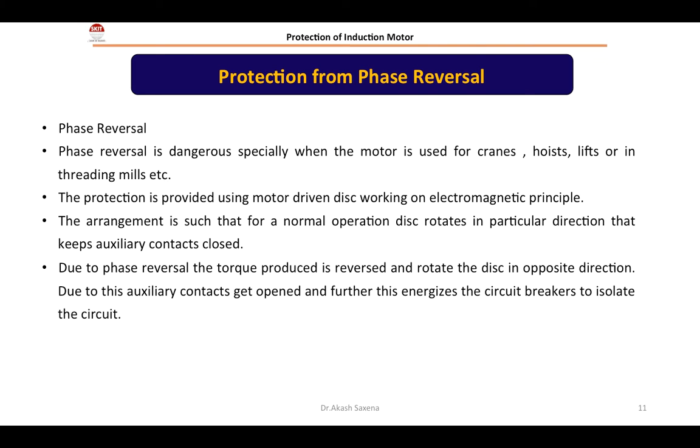But if there is phase reversal, the rotation of the disc is opposite, and due to this the auxiliary contact opens, which in turn either operates the circuit breaker or de-energizes the starter coil to disconnect the motor from the supply. Thus, phase reversal protection for the induction motor can be achieved with this.